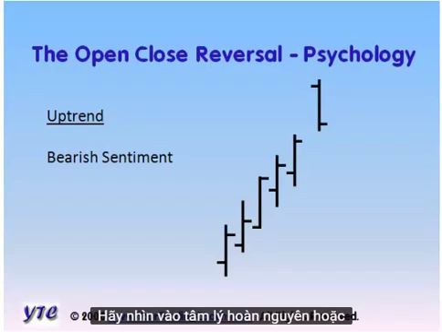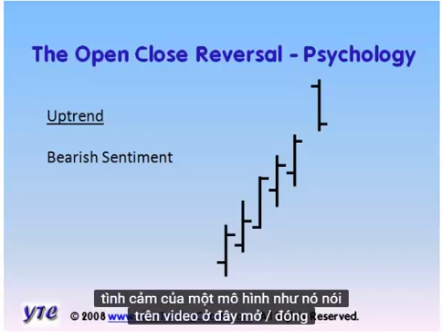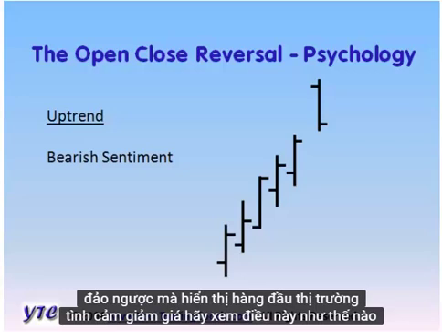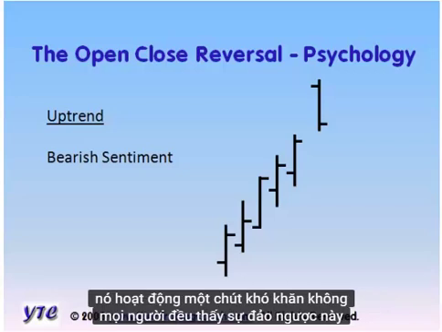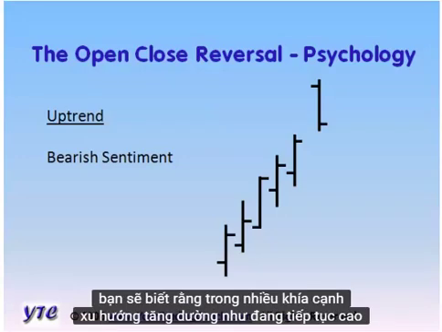Let's look at the psychology or the sentiment of the pattern. As it states on the video here, the open-close reversal at market top displays bearish sentiment. Let's see how this works. It's a bit of a tricky one. Not everyone sees this reversal coming. You'll note that in many respects the uptrend seems to be continuing.